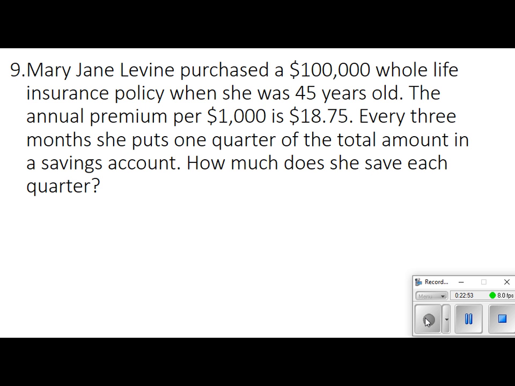This one's a little different. Mary Jane purchased a $100,000 whole life insurance policy when she was 45, so this time it's a whole life and not just a term policy. The annual premium per $1,000 is $18.75. Again, they got that off of the chart, and this is chart 11.3 that they're using here.